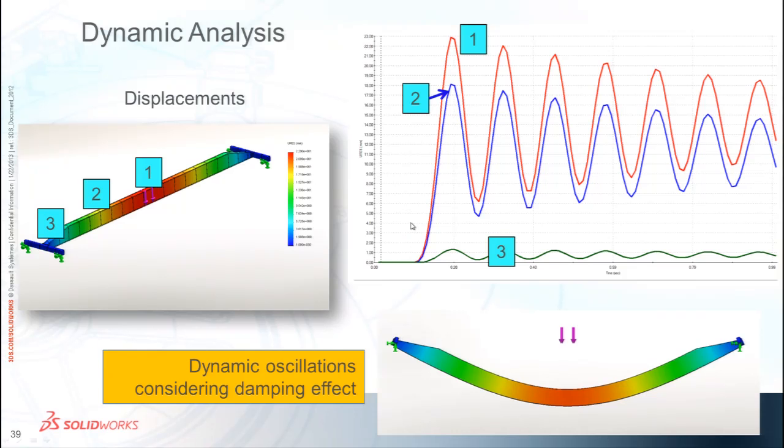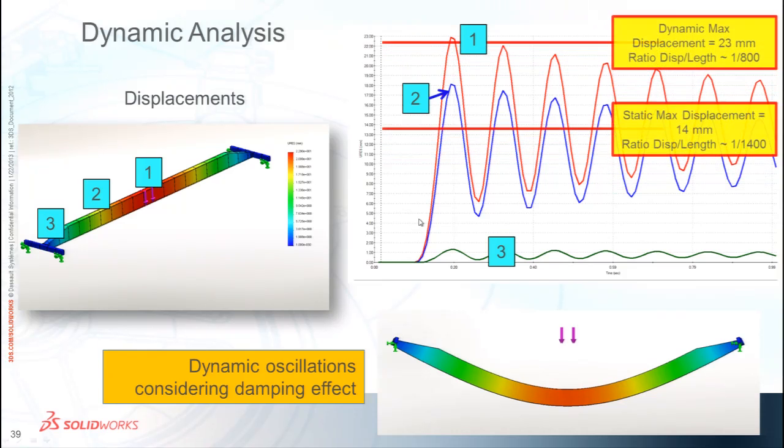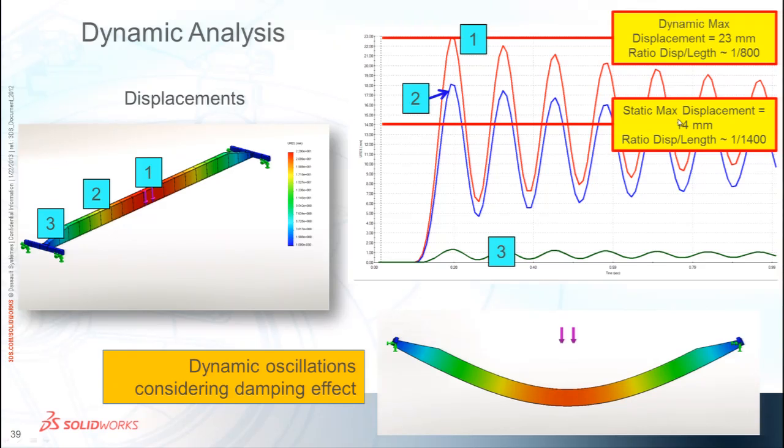We have three zones, three areas. And this is very important for this kind of product. The problem here is not the stresses. The problem is the displacement, because if the bridge is so deformed, they get stuck, right? So they have to control this ratio.